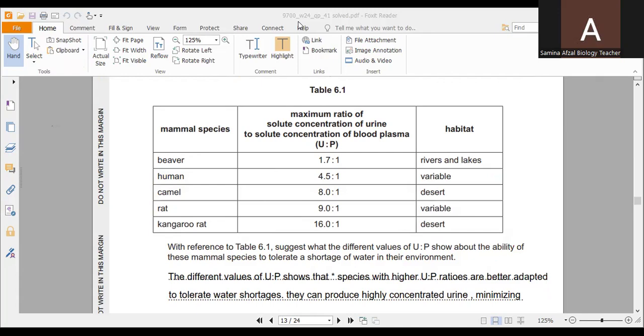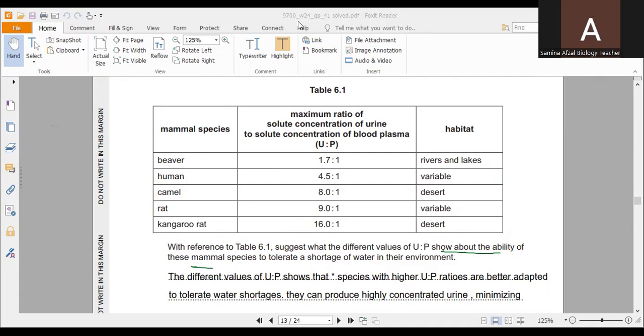I have written the answer first. We have to discuss all these mammals one by one. First of all, the U to P value indicates how much more concentrated the urine is compared to the blood plasma. So we have to compare both of them. A higher U to P value means the urine is more concentrated.